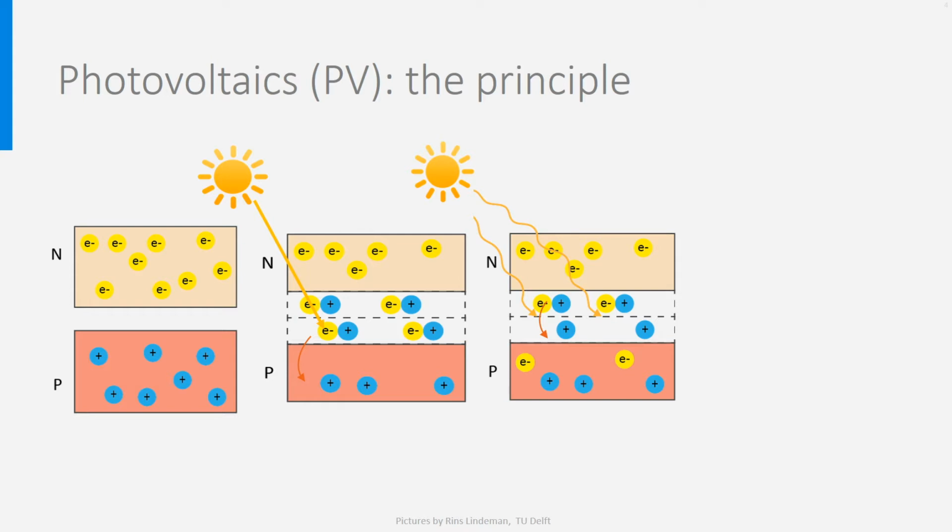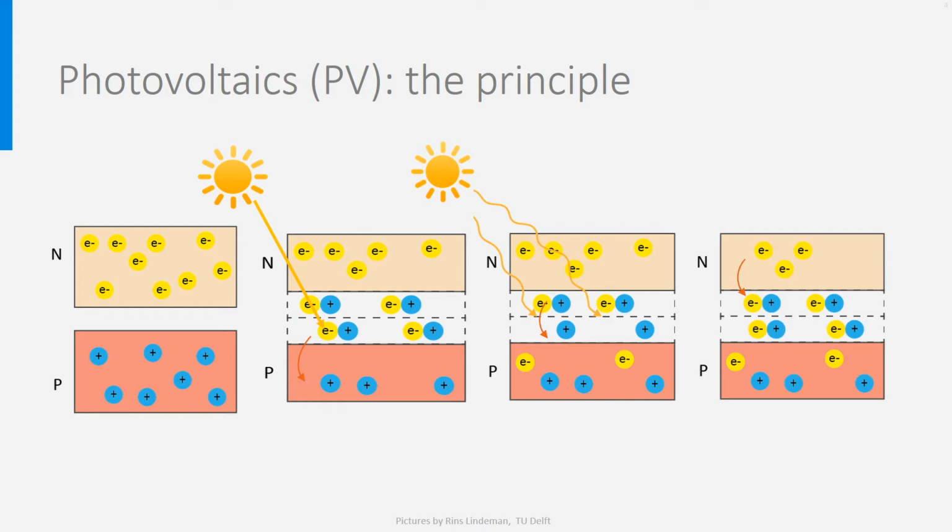This, in turn, allows the electrons in the neutral part of the N side of the junction to jump to the P side to re-establish neutrality, which in turn gives the opportunity to the electrons above in the N semiconductor to move to the neutral zone. There is therefore a continuous flow of electrons from the N side to the P side, and if you put a conductive wire or strip between both sides, the electrons will take the shortest way through the wire and you get DC electricity, just like with fuel cells.